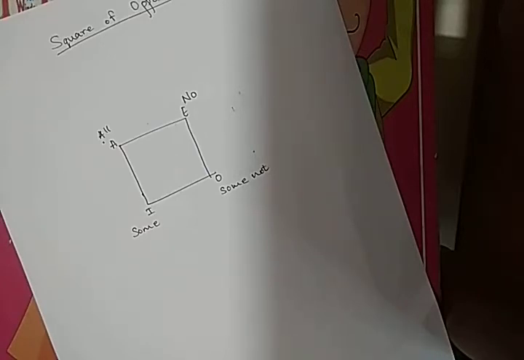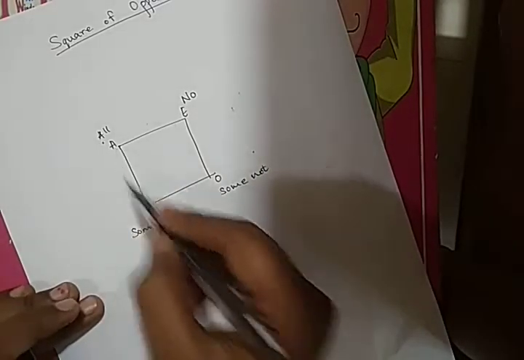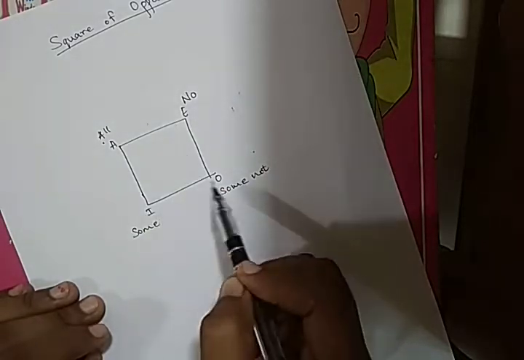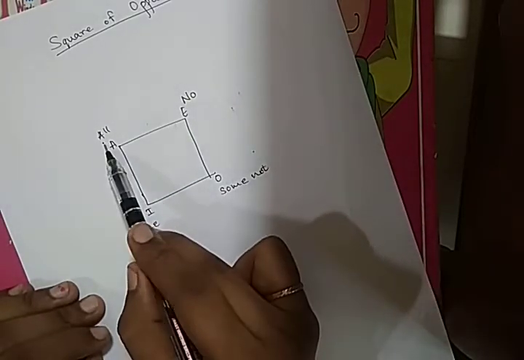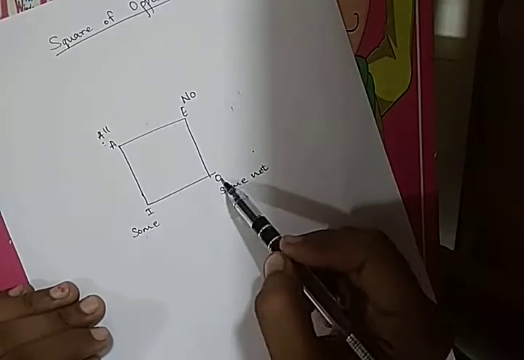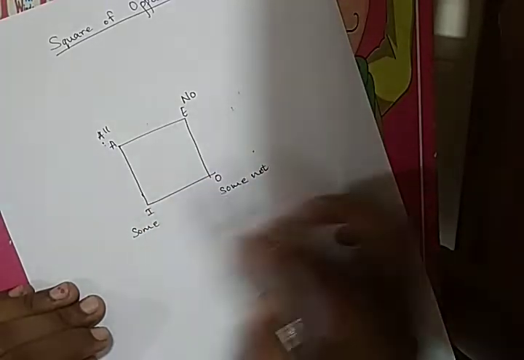So please concentrate on this topic point to point. Don't get distracted. So here are the 4 points: A, E, I, O. That is, A is all, E is no, I is some, and O is some not. Quite easy, right? Remember these 4.